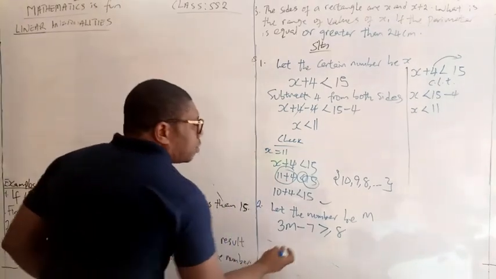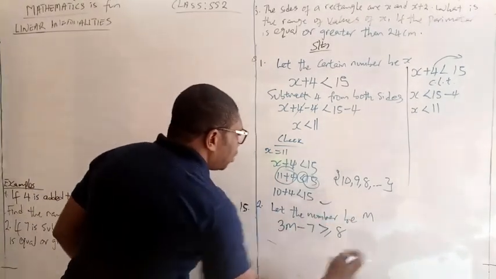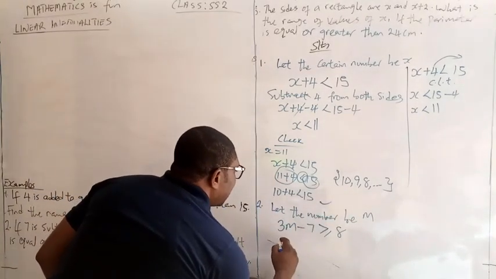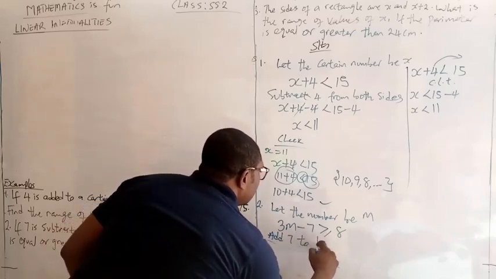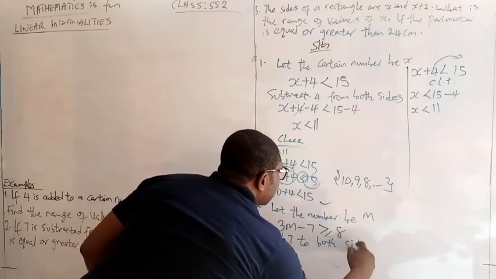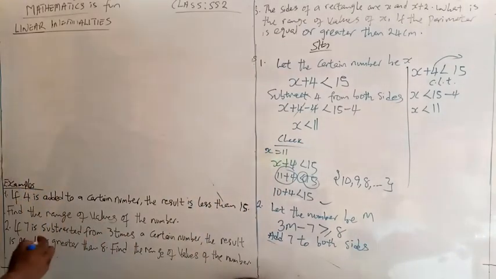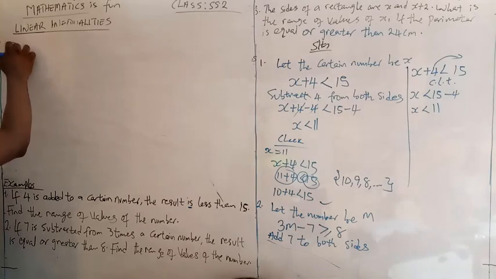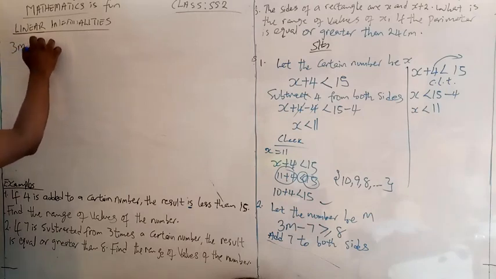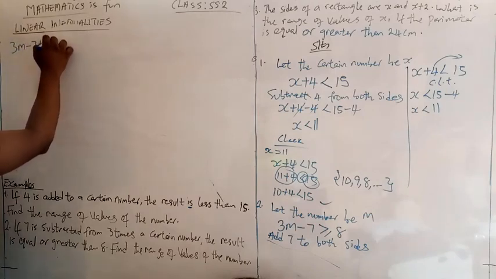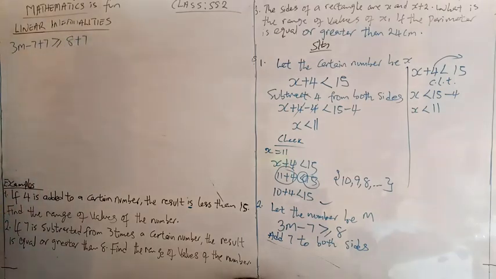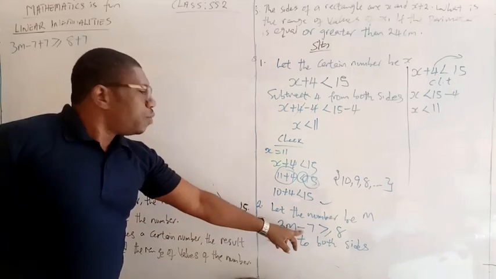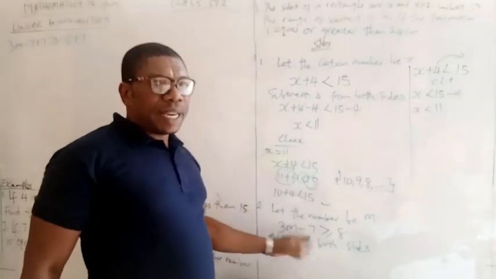You either add 7 to both sides or you move 7 to the other side. So if I'm adding 7, add 7 to both sides. Then I'll be having 3m minus 7 plus 7 greater than or equal to 8 plus 7. The concept of adding 7 here is to remove the negative 7 from the left hand side.